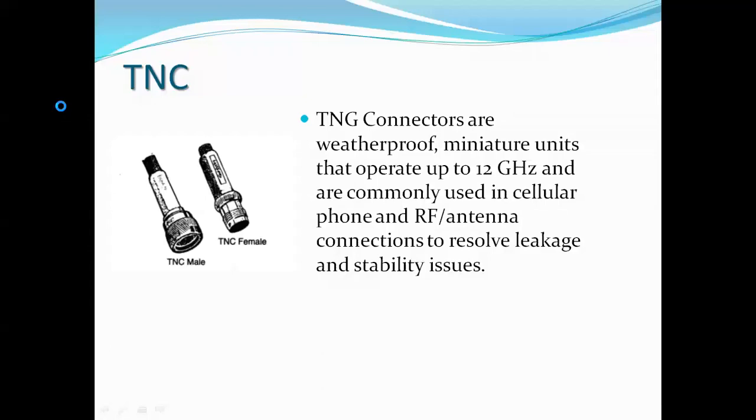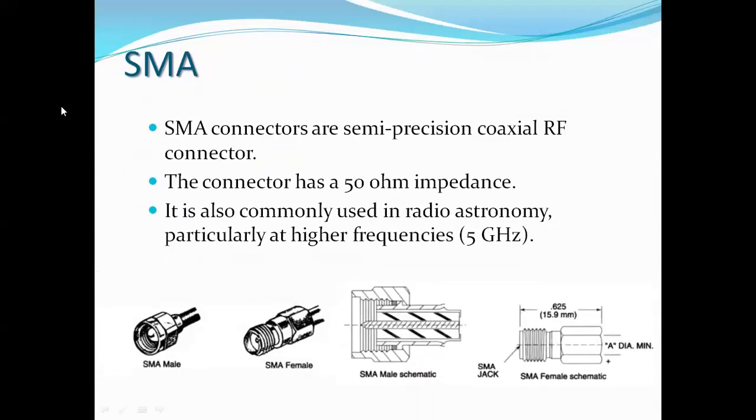The next one is SMA, which is sub-miniature A connectors. These can be used for flexible operation as well as semi-rigid or semi-precision cables. Here the frequency is much higher compared to the other connectors. It is around 24 gigahertz because the modes of transmission are different.